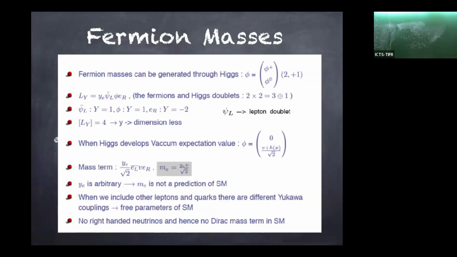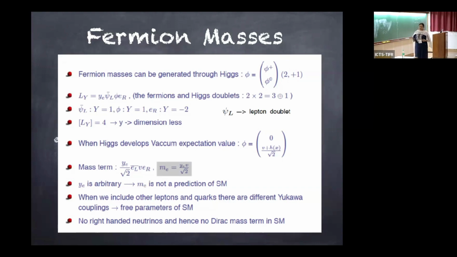So this is giving the mass to the electron, right? So the electron mass is in terms of the vacuum expectation value of the Higgs and the Yukawa coupling. Now this is not a prediction of the standard model, because this is arbitrary. And when we include other leptons and quarks, there are different Yukawa couplings. So these are all free parameters. So this is the usual Dirac type of mass.